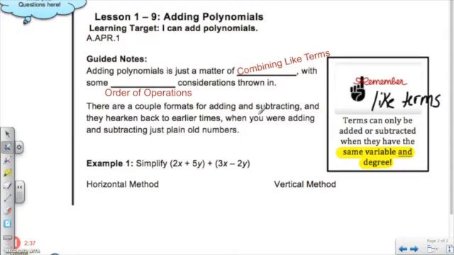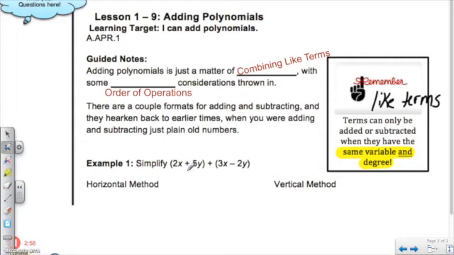All right. So let's go ahead and get straight into an example because that's all this is going to be. The horizontal method relies on you remembering that you can only add like terms. Basically, you're saying, okay, I've got this 2x plus 5y, and yeah, it's in parentheses, but that's really a grouping issue because then I'm also adding 3x minus 2y.